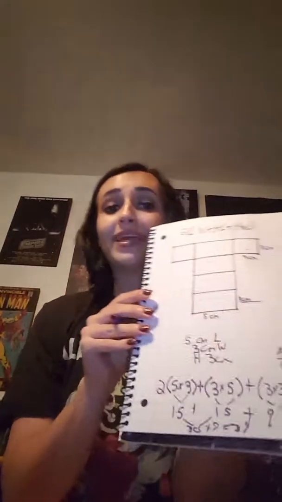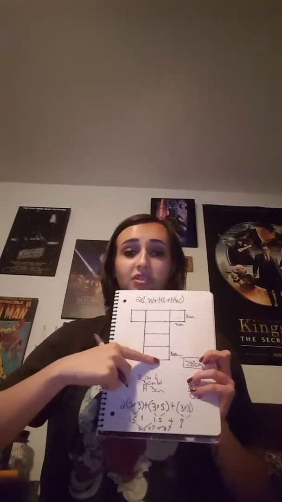And since we measured our rectangular prism in centimeters, our answer is going to be 78 centimeters squared, because this is surface area. And these objects are not flat, so we had to use all of these different measurements and numbers to figure it out, because if we were to cut this out and fold it up, it would look something like this.